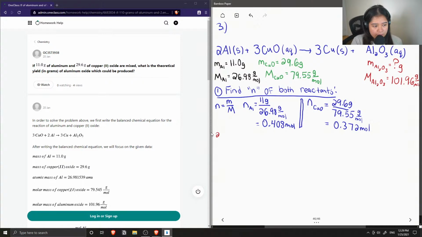Okay, so step 2 is to now find the theoretical number of moles of aluminum oxide.